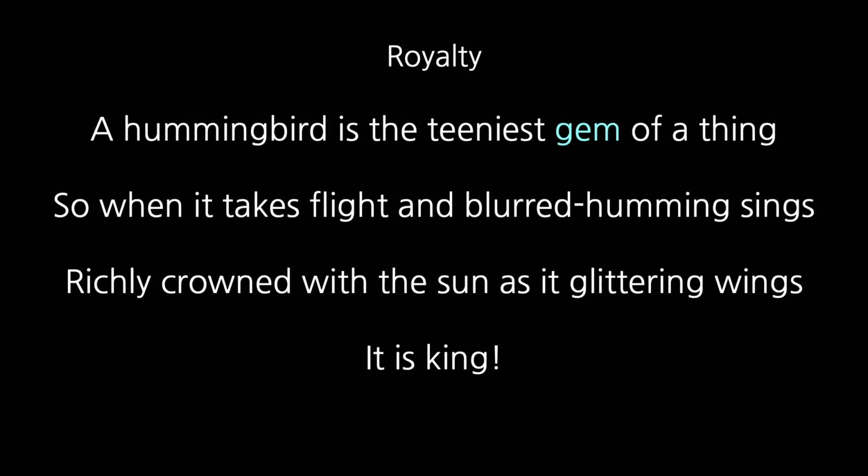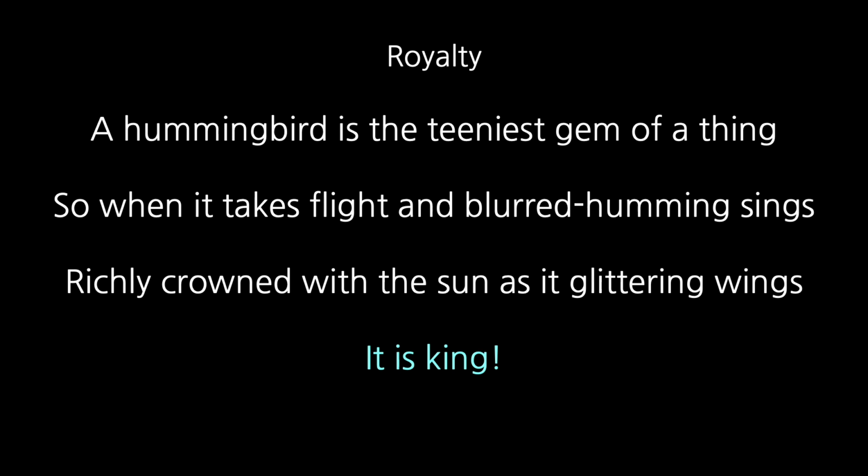Sometimes I like to think that in the Garden of Eden, maybe the hummingbird was really covered with gems and jewels. Who knows? Anyway, richly crowned with the sun as it glittering wings, right? Wings meaning to fly, as it glittering flies. It is king. It is king.